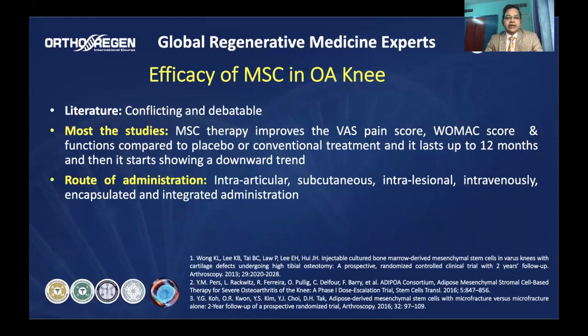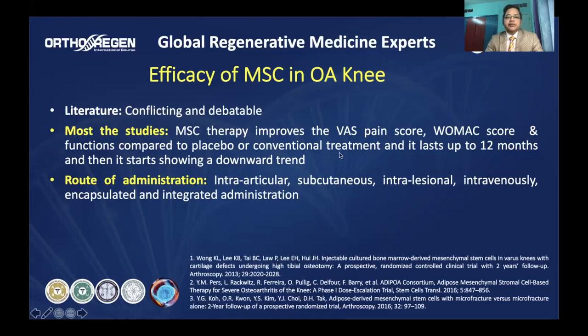So if we analyze the literature and the published data, it's conflicting and debatable. But there is generally a consensus, or most of the studies show that stem cells improve the symptoms, improve the pain, and improve the quality of life. And objectively, it also improves the scores in comparison to the placebo or the conventional treatment.